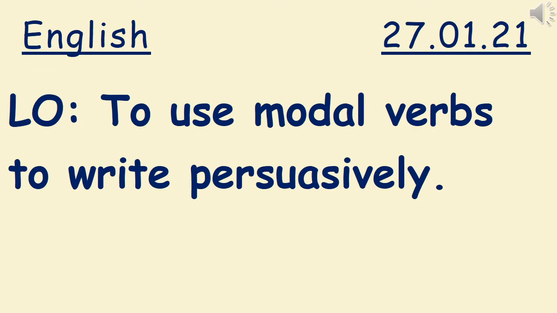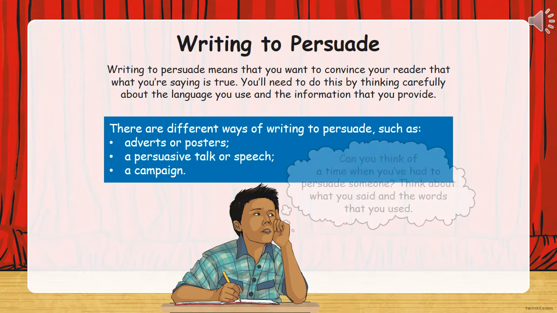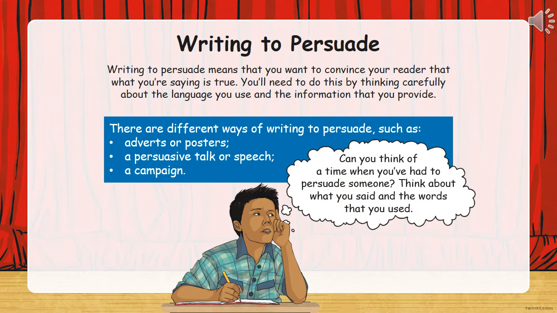Today's learning objective is to use modal verbs to write persuasively. Writing to persuade means that you want to convince your reader that what you're saying is true. You'll need to do this by thinking carefully about the language you use and the information that you provide.